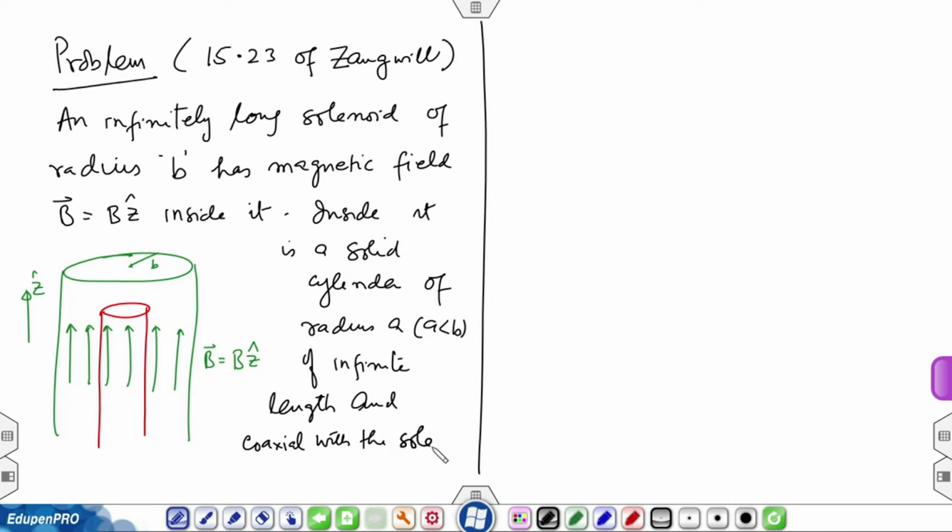I have shown that it is a coaxial cylinder and is of infinite length and its radius is A.